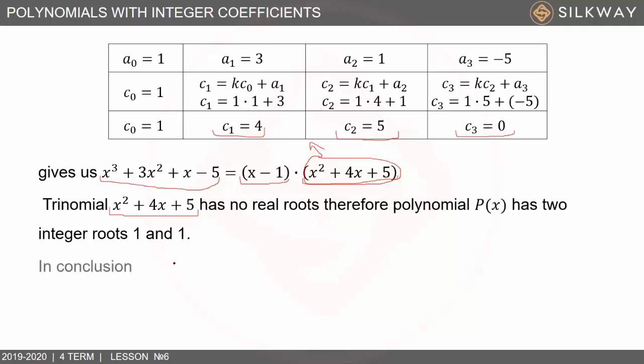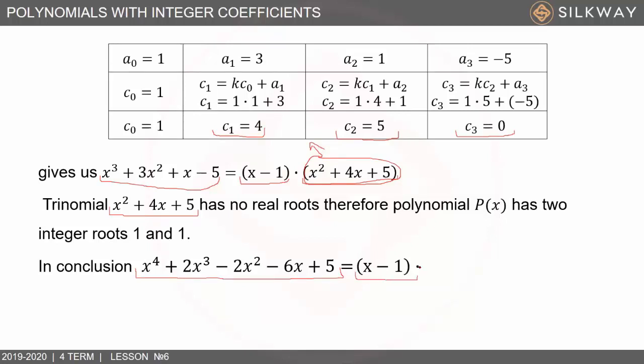And in conclusion, our first polynomial, this one, we can write like this: x minus 1 multiplied by x minus 1, and then the last one is here, this one. Okay, we found our integer roots, and they are 1 and 1.